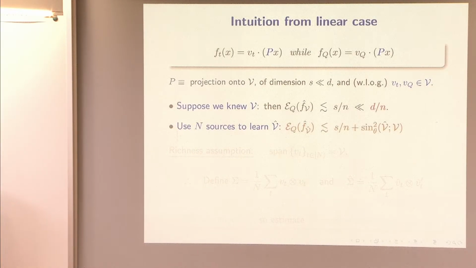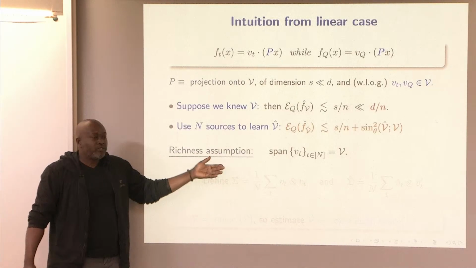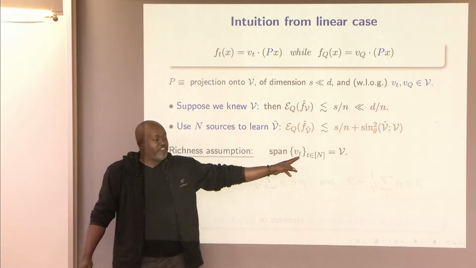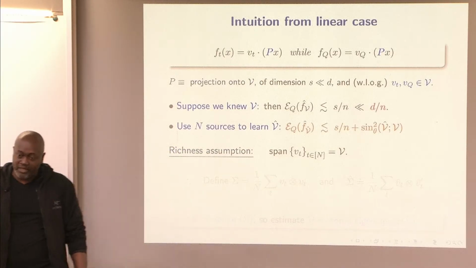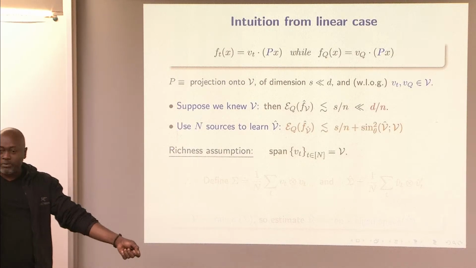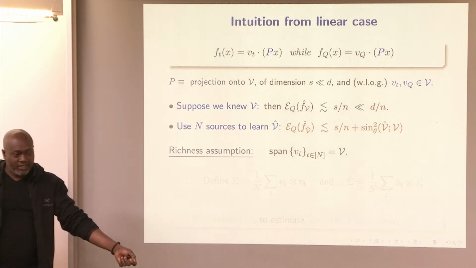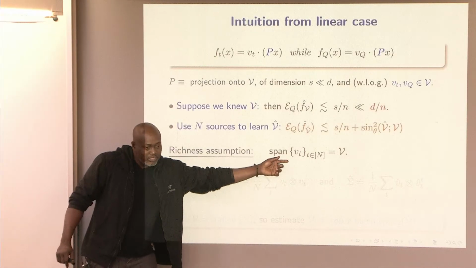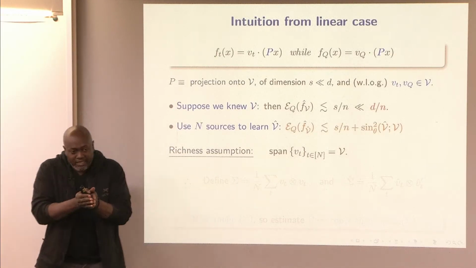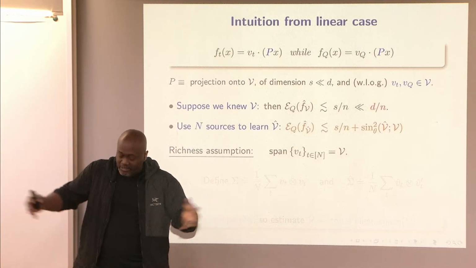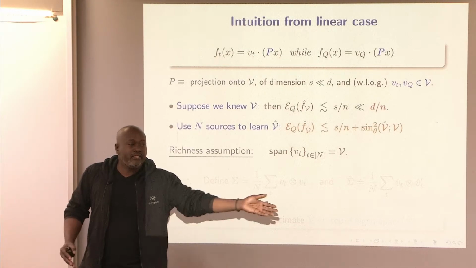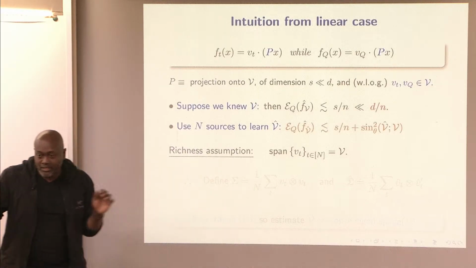So the whole point now is to understand how we get the sin theta error small enough using the aggregate of all the tasks. So the richness assumption, usual in these things, is that we can assume without loss of generality that each one of the V_t, the regression vectors, is in the subspace V. Fine? It's equivalent. And the richness assumption is that they span the subspace. That the sources are rich enough that the V_t span the subspace that I'm after. That's all. Fine?